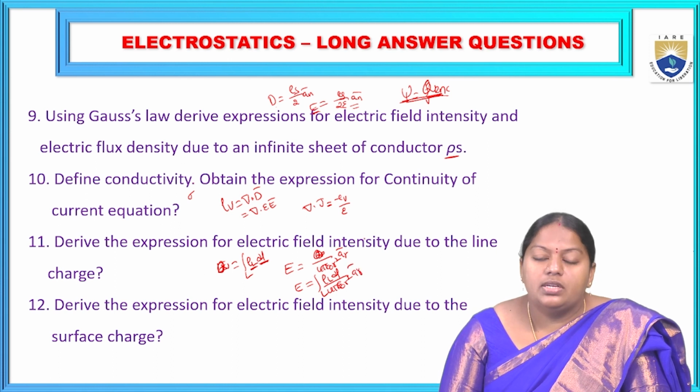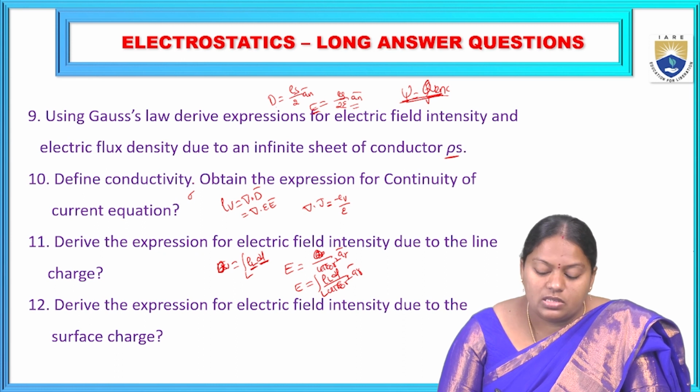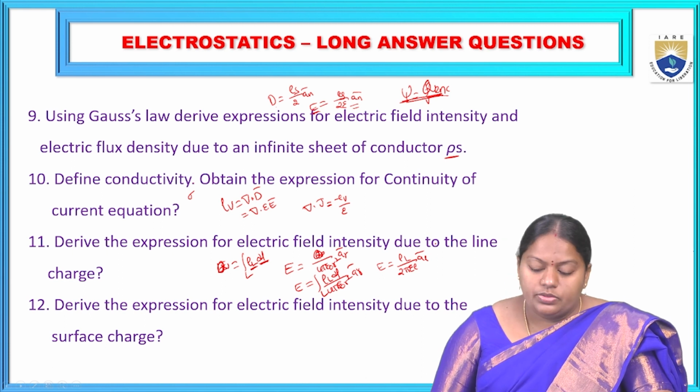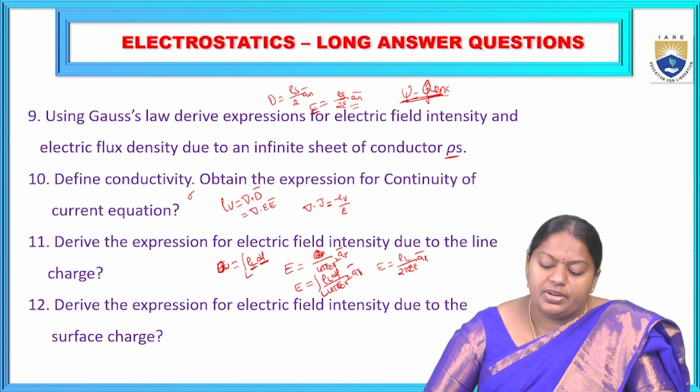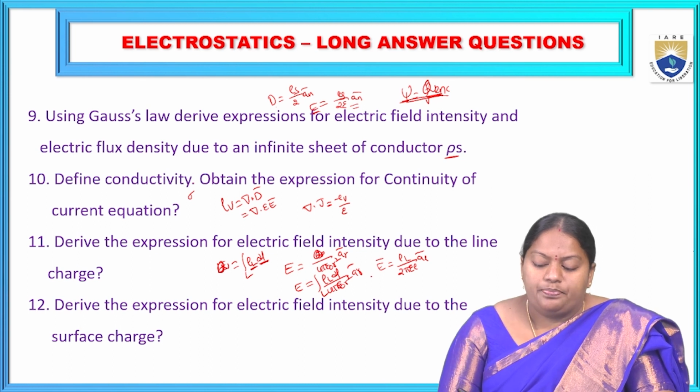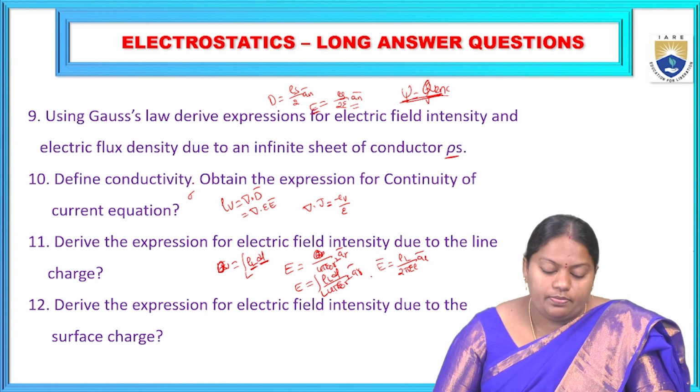Based upon the figures, if you substitute all the assumptions in this equation, it can be given by E equals rho L by 2 pi epsilon naught rho into a rho. This is the way we can obtain the formula for the electric field intensity E due to a line charge.